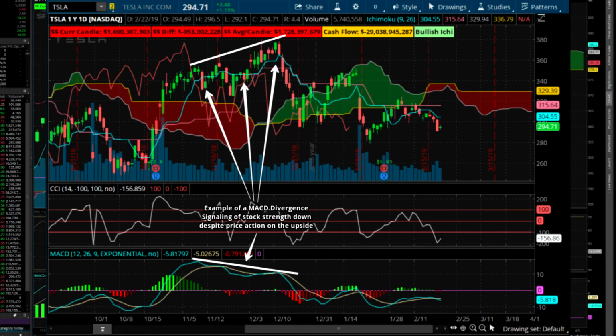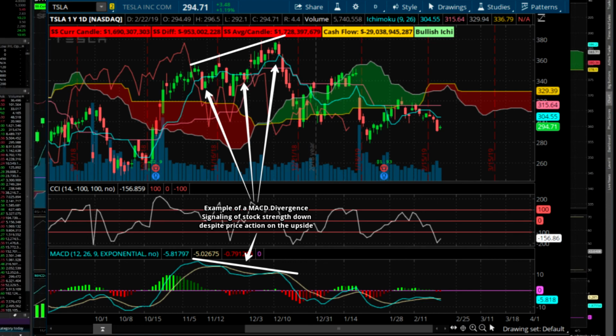So on Tesla, on this chart that was taken about 2 or 3 years ago, you can see that there is a divergence happening. Share price is moving up progressively while the MACD is moving down progressively, and typically when this happens, the price snaps down, and you can see the price did snap down pretty sharply after the divergence came to a close.